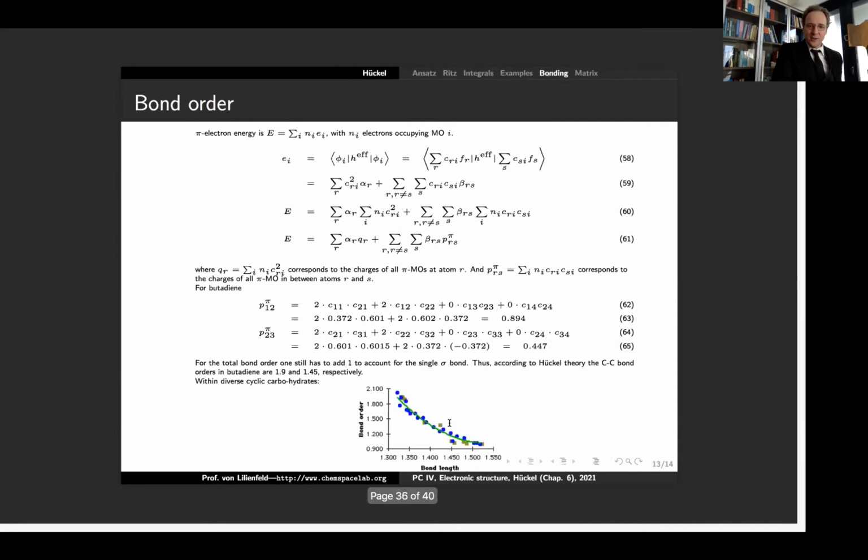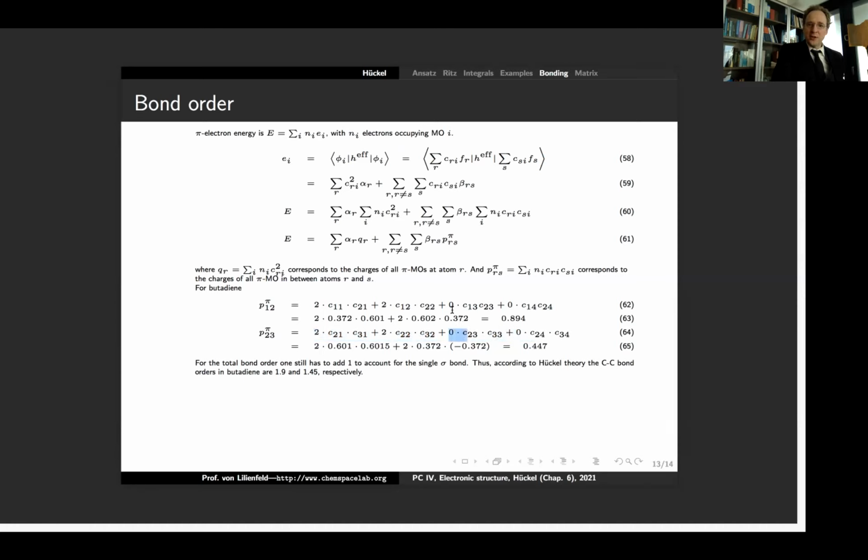Now let's see if that's true. So here we have 2 times this, right? 2 electrons that sit in the first one and 2 in the second. So in total we have on that bond 0.894, and for the 2,3 bond we have the corresponding equation, right?